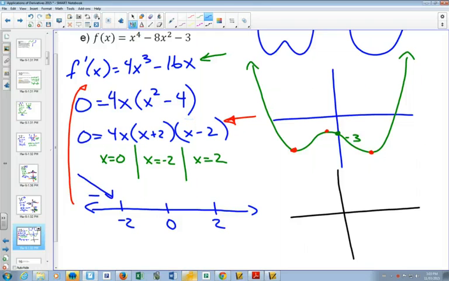A negative times a negative times a negative will still be negative, so I know this part is going down. If I try a number between negative 2 and 0, like negative 1, this will be negative, this will be positive, and this will be negative. Negative times positive times negative makes a positive. This part will be going up.